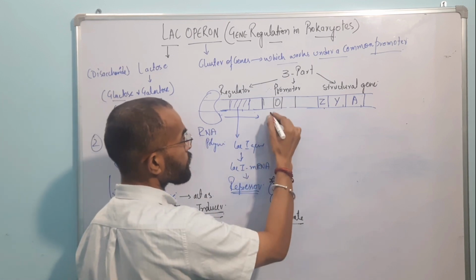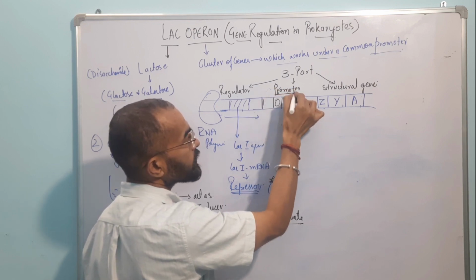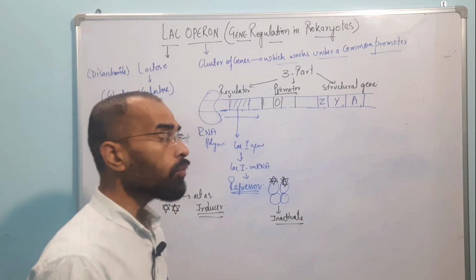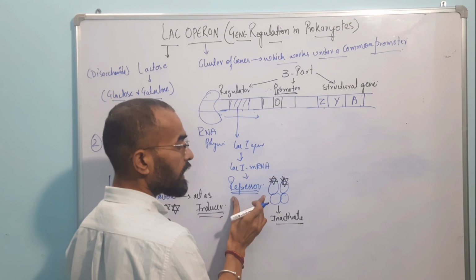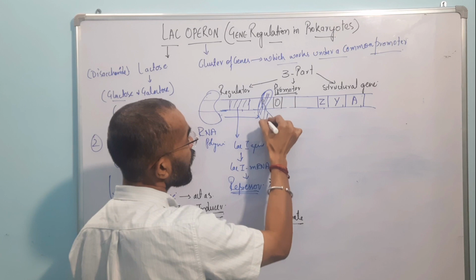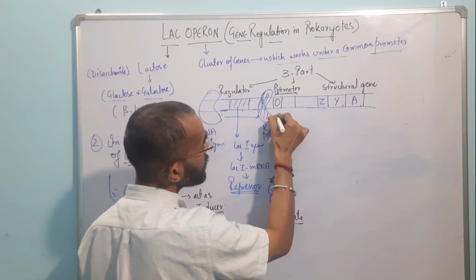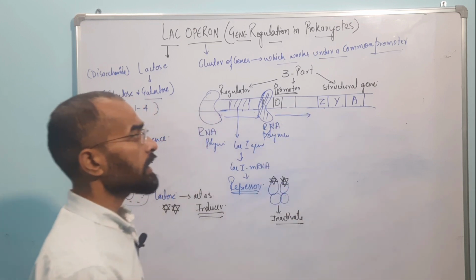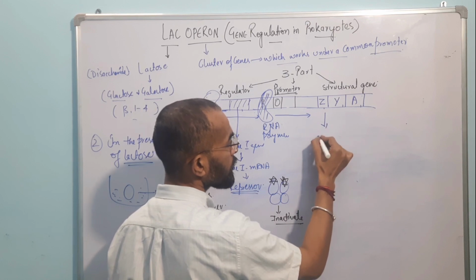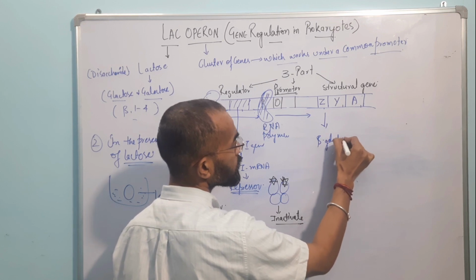Let us understand this. Now, operator or promoter remains free. There is no hindrance, there is no blockage of operator by repressor in the presence of lactose, and RNA polymerase keeps going on transcribing this segment, and it transcribes the Z gene to form beta galactosidase.